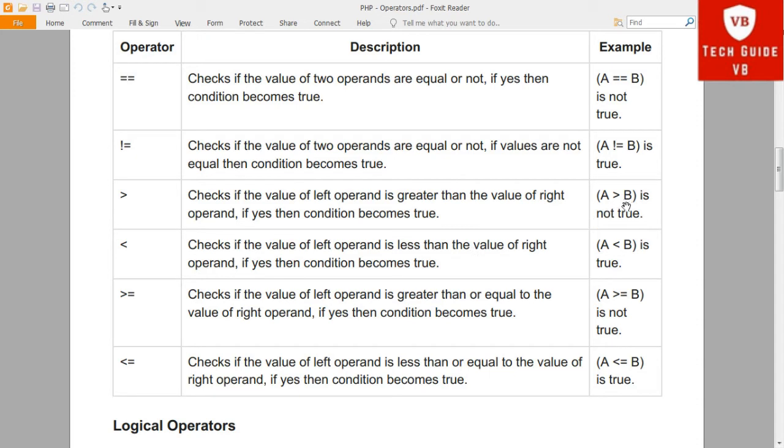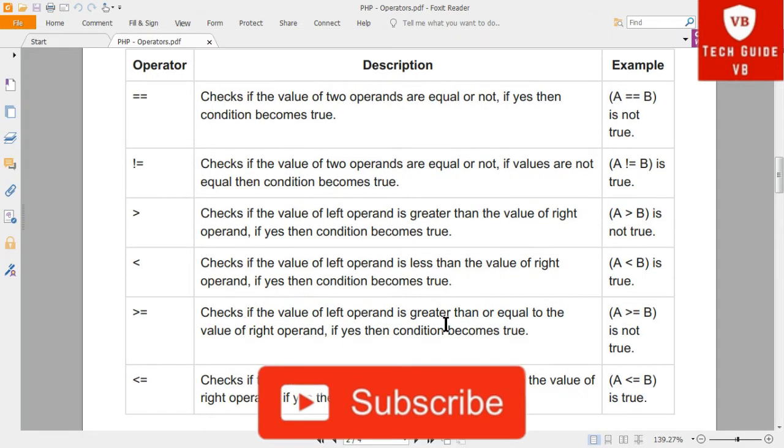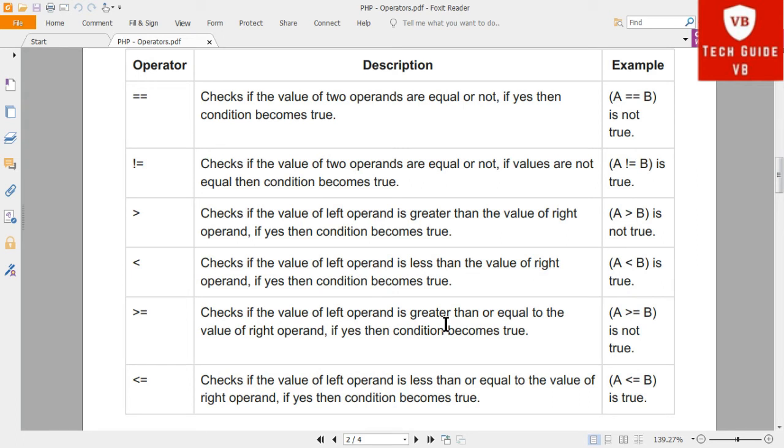That is, A > B is not true. Then less than checks if the value of the left operand is less than the value of the right operand. If yes, then the condition becomes true, that is, A < B is true.